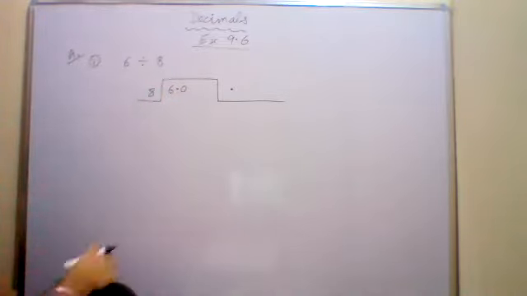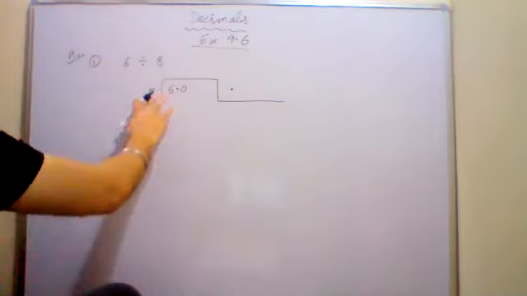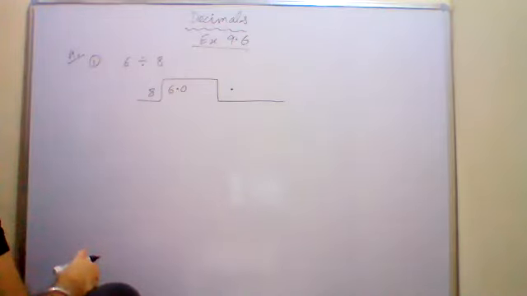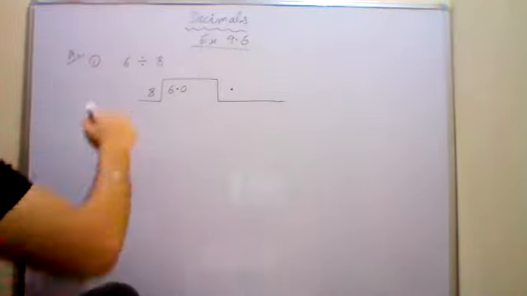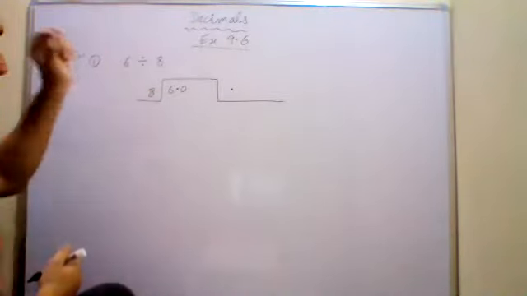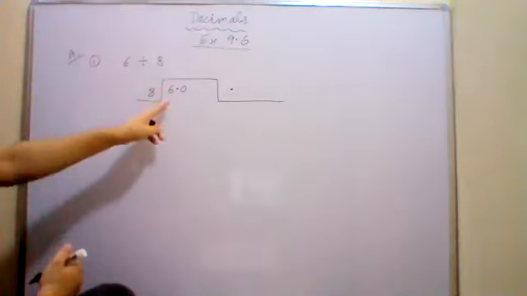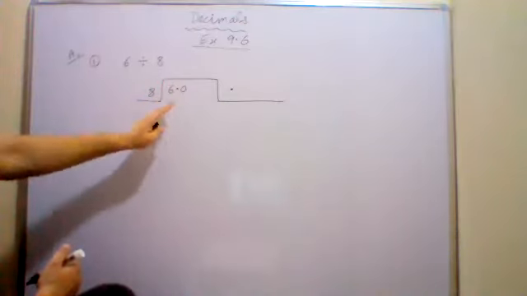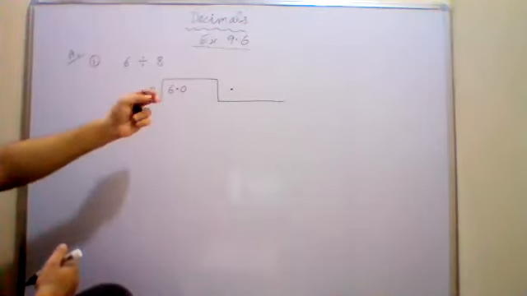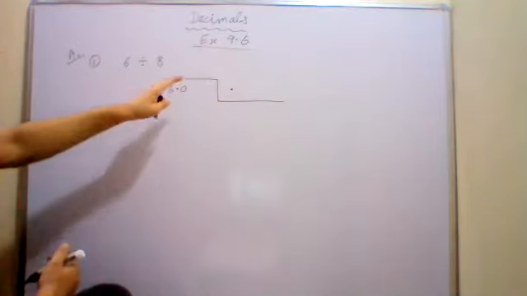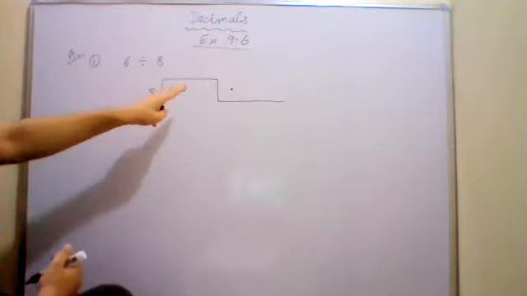Now 60 is smaller than 8 or larger than 8? It is larger than 8. Don't see the decimal, include the decimal, place the decimal, but forget about the decimal. Just think that the number is 60.